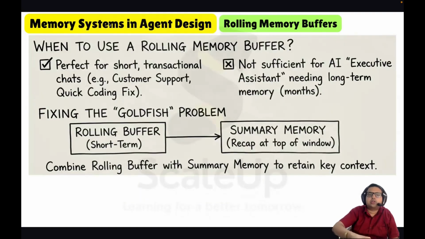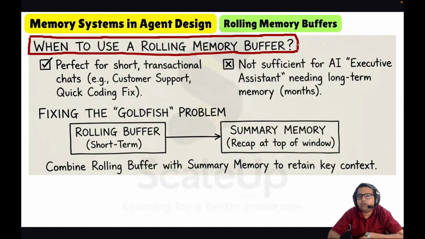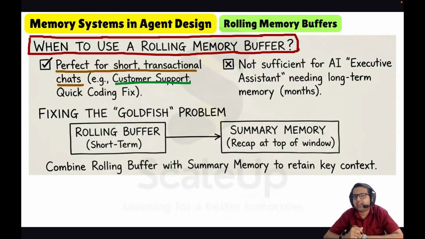When to use a rolling memory buffer? So see, if we talk about rolling memory buffers, they are perfect for short transactional chats. For example, customer support, because customer support is a very short-term chat.